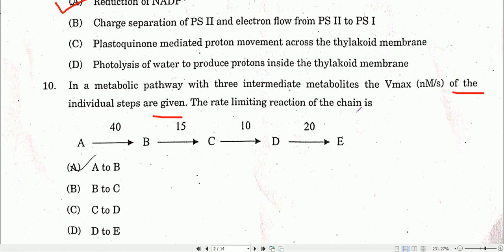The limiting reaction in a pathway of subsequent reactions is the one where we get the minimum, that is the least, velocity. So in which case are we getting the least velocity? That will be from C to D. Here we are getting the minimum velocity, so this will be the rate limiting reaction. So option C, that is C to D, will be the correct one.